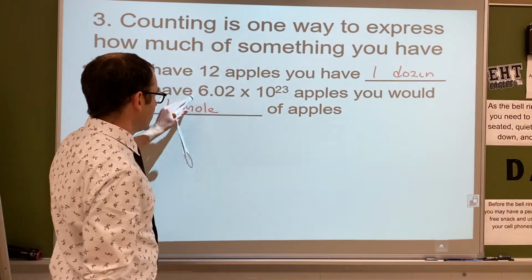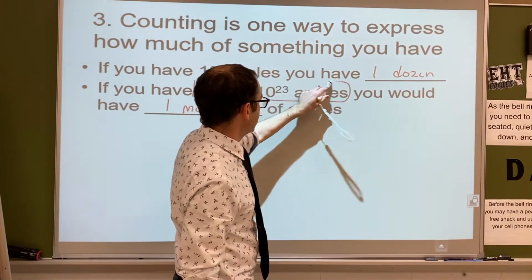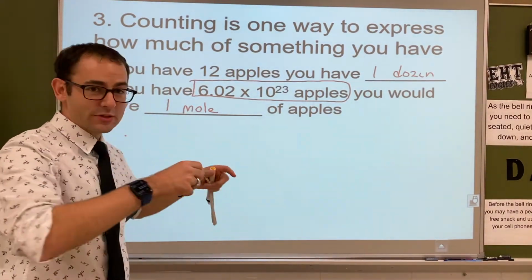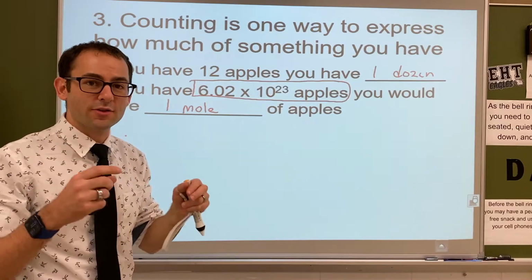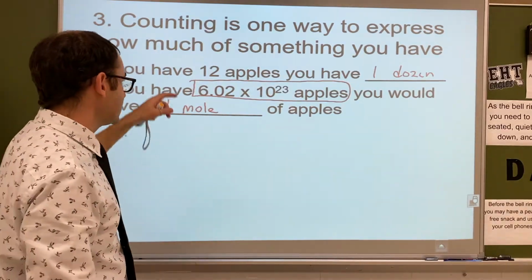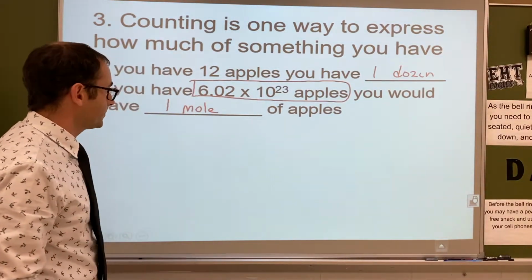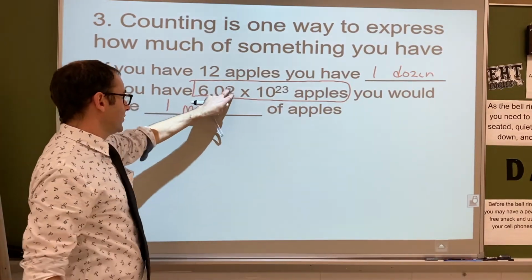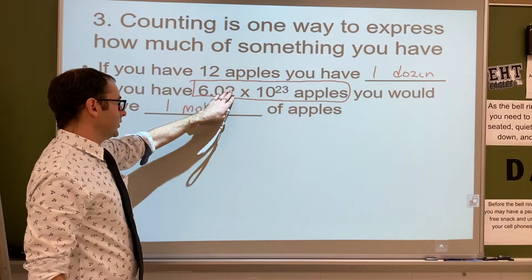Now this seems a little crazy. 6.02 times 10 to the 23rd apples, that's a lot of apples. If we had that many apples, it would be larger than the size of the earth filled with apples. So that's an insane amount of apples, all right? But this is much easier for us to think about, 1 mole equaling this large number.